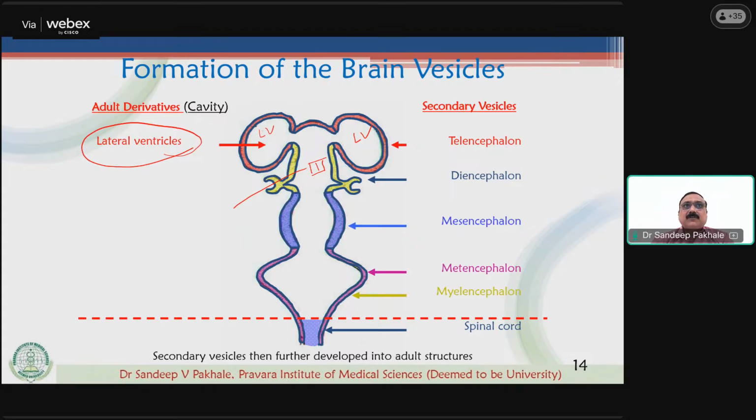The telencephalon with expanding cerebral hemispheres has divided into two parts, and two lateral ventricles are formed, which communicate with each other with the help of the foramen of Monro. And primarily, the midbrain cavity narrows to form the cerebral aqueduct.